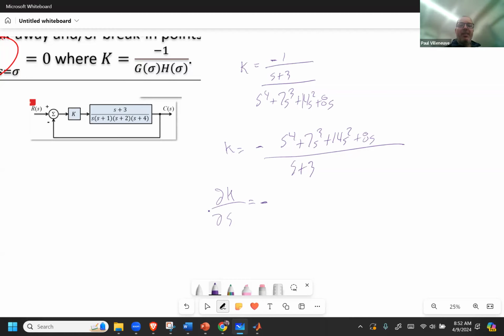So that's going to be 4S cubed plus 21S squared plus 28S plus 8, all of that times S plus 3.